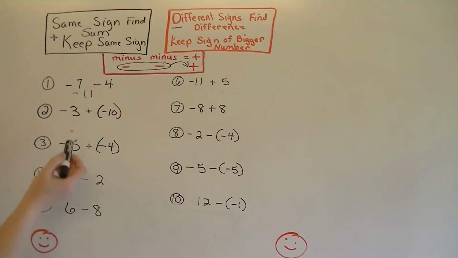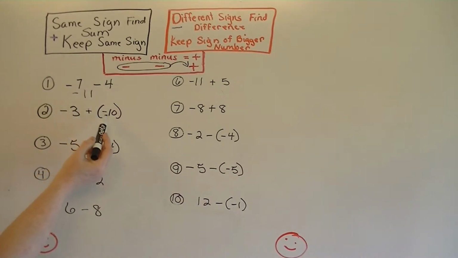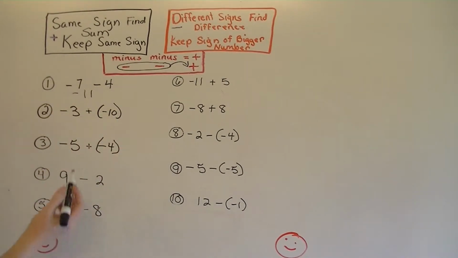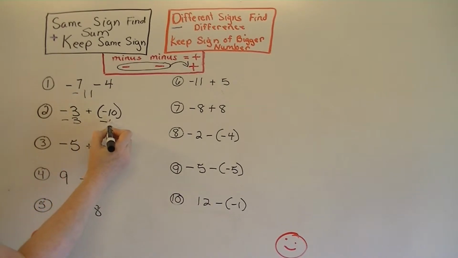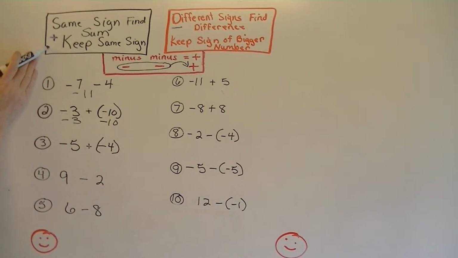Let's try another one. We have a -3 plus a -10. When you have a positive and a negative in front of the same number, the number is really negative. So this is kind of confusing. And you can actually think about it as -3 and -10. And that would put you at the first rule, the same sign.